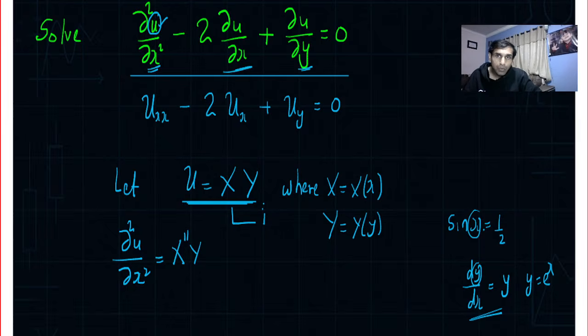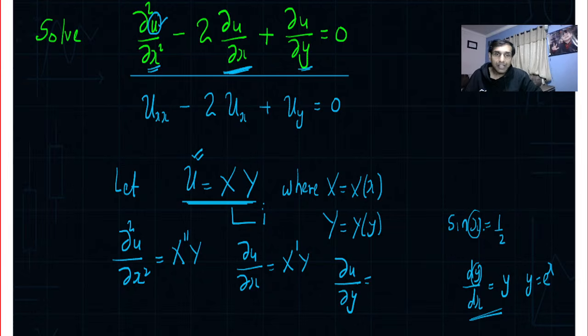Now, I want the second term, del u by del x. What do you mean by del u by del x? It means I am differentiating partially with respect to x. That means I'm going to treat y as a constant, so I'll get X dash into Y. Okay, now what will be del u by del y? Del u by del y means now y is the hero.